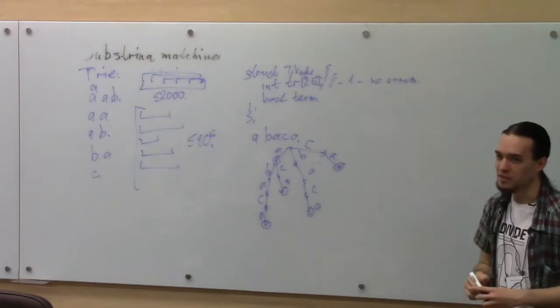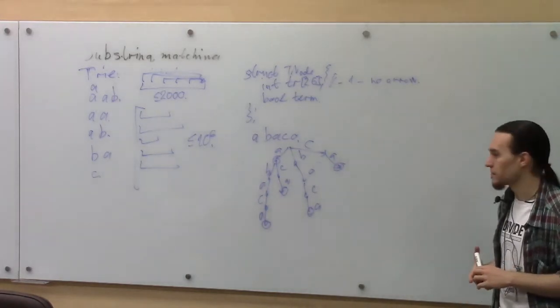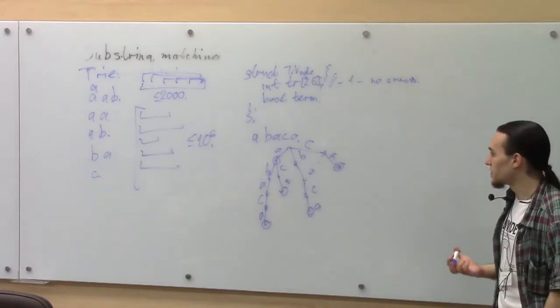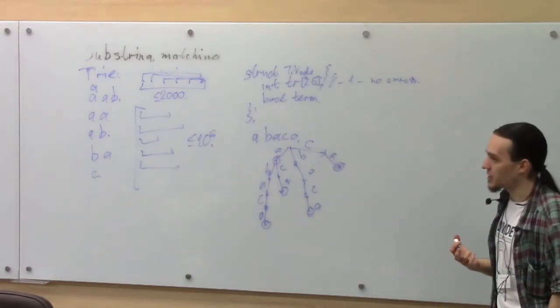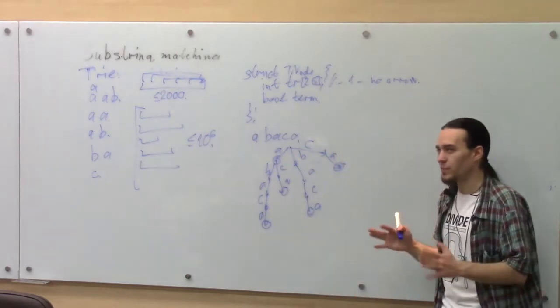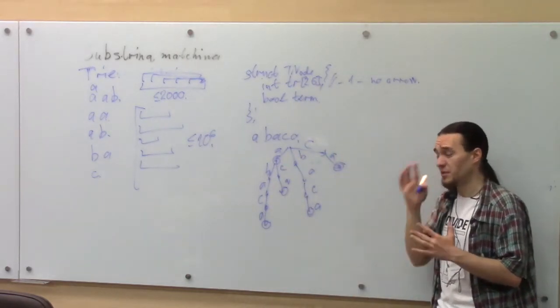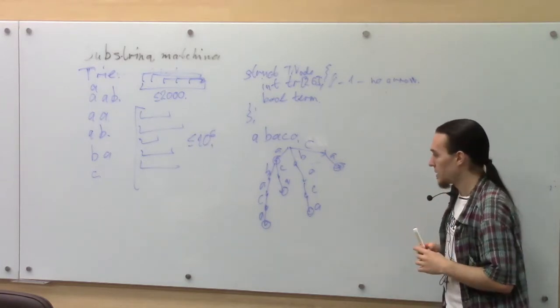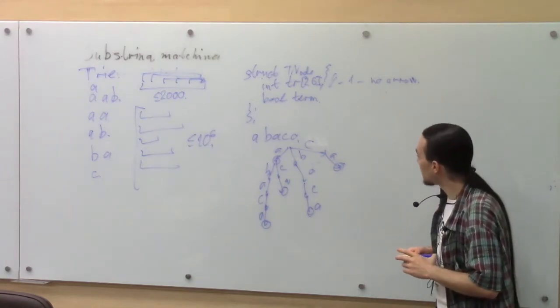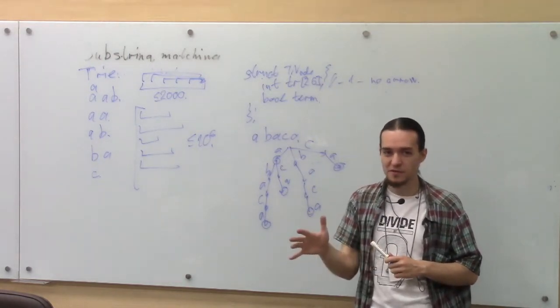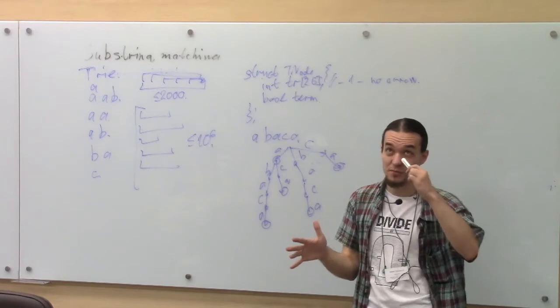Okay, so we obtain some trie that contains a lot of suffixes, and now we want to check if something is a substring here. Well, we want to count them, but let's consider the case where we only want to know if it's a substring. If it is a substring, then it must be a prefix of a certain suffix, by definition, basically.